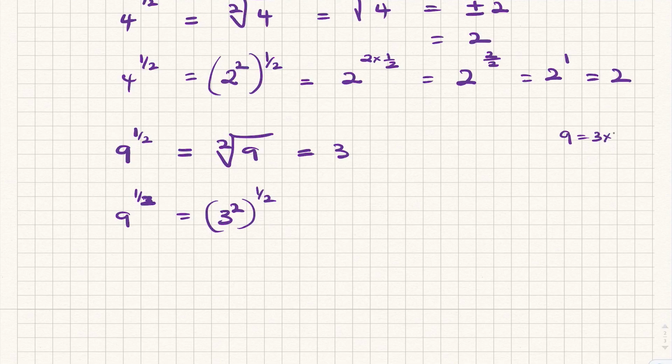equals 3 times 3, which is 3 to the power of 2. So I've just replaced 9 with 3 to the power of 2. And then I multiply the powers.